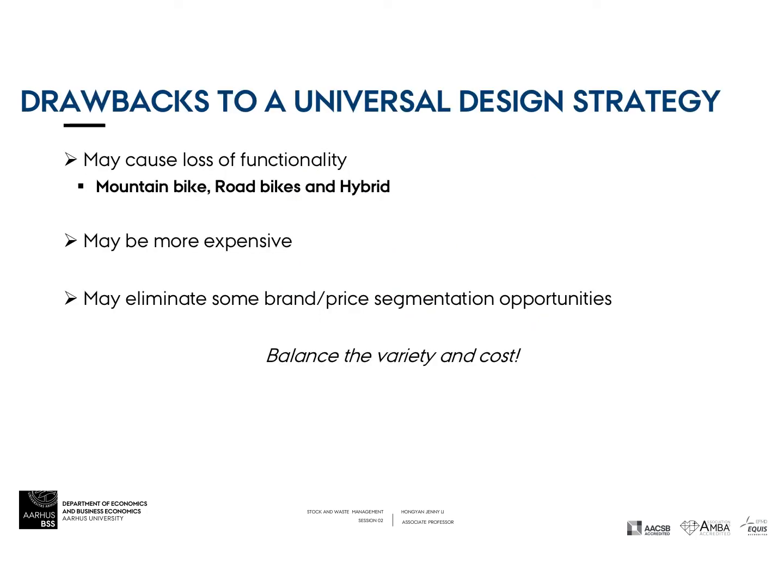Once you observe that you have items which are negatively correlated, then you can think about pooling the products into a universal or unified item. But there are some drawbacks you need to be aware of. For example, if you merge different products into one, say you have mountain bikes and road bikes and you decide to only offer a hybrid, you will probably lose some functionalities of mountain bikes or road bikes.